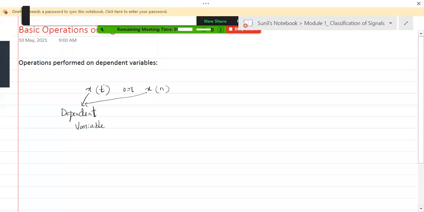And this time, whether this is continuous time or discrete time, they are called as independent variables.